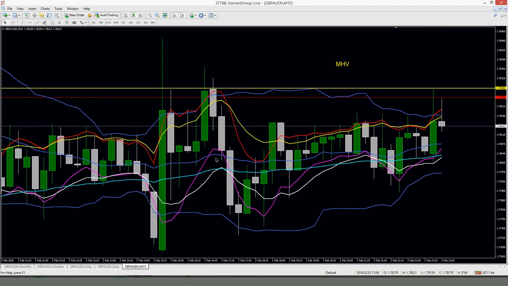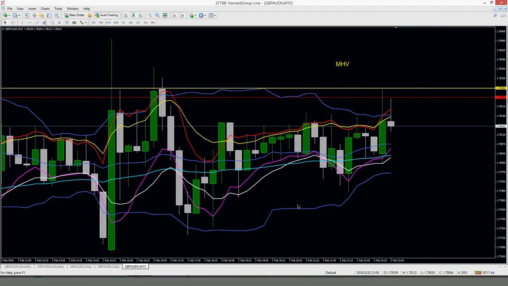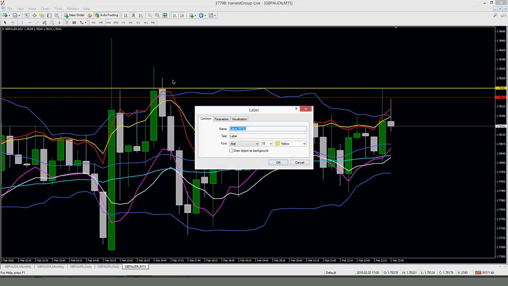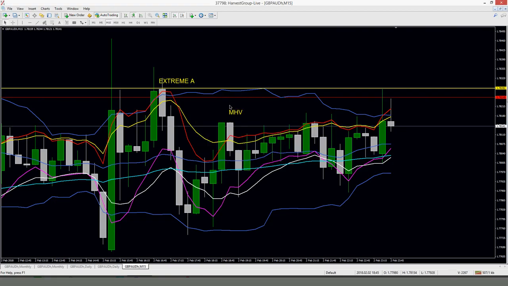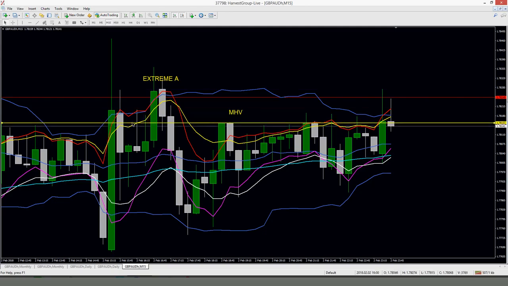At M15 there are also potential setups. So we have extreme A sell over here. We have CSA Kuku, the candle goes up, and there's MHB over here. The candle couldn't break the highest body over here.